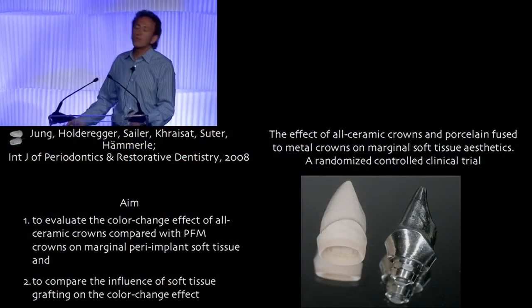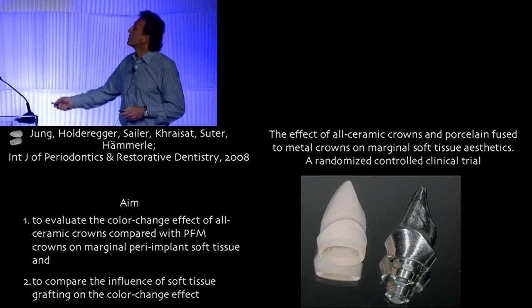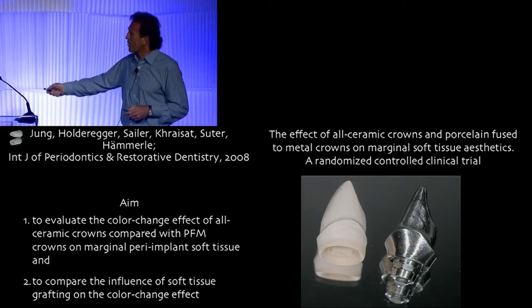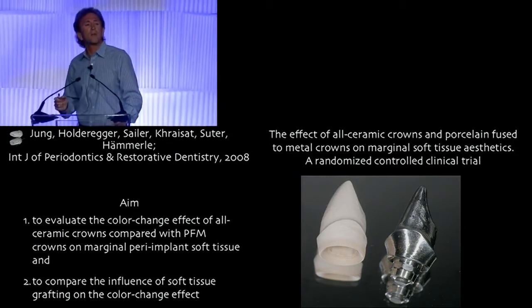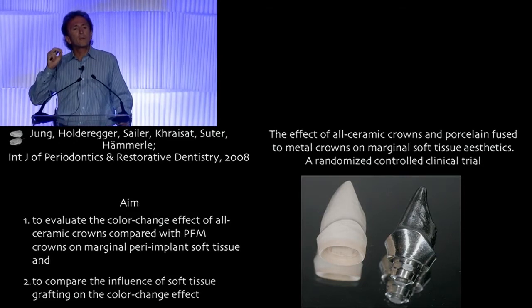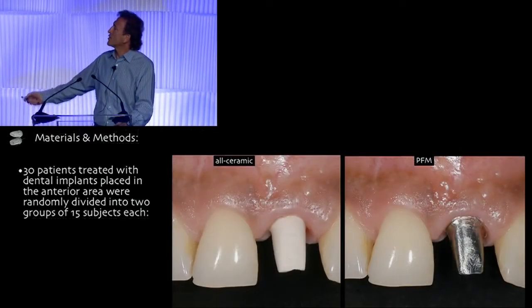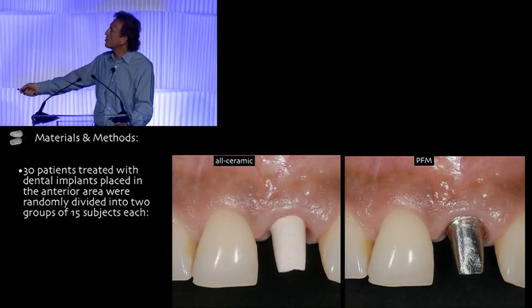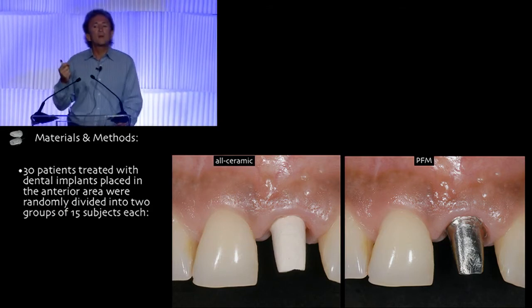In a very interesting and really simple study, Ronald compared ceramic abutments with ceramo-metal abutments in terms of what color changes they imbued on the tissue relative to the thickness that's available. And they did it on the same tooth, and they compared the tissue color on the ceramic abutment versus ceramo-metal and compared it to the adjacent tooth.